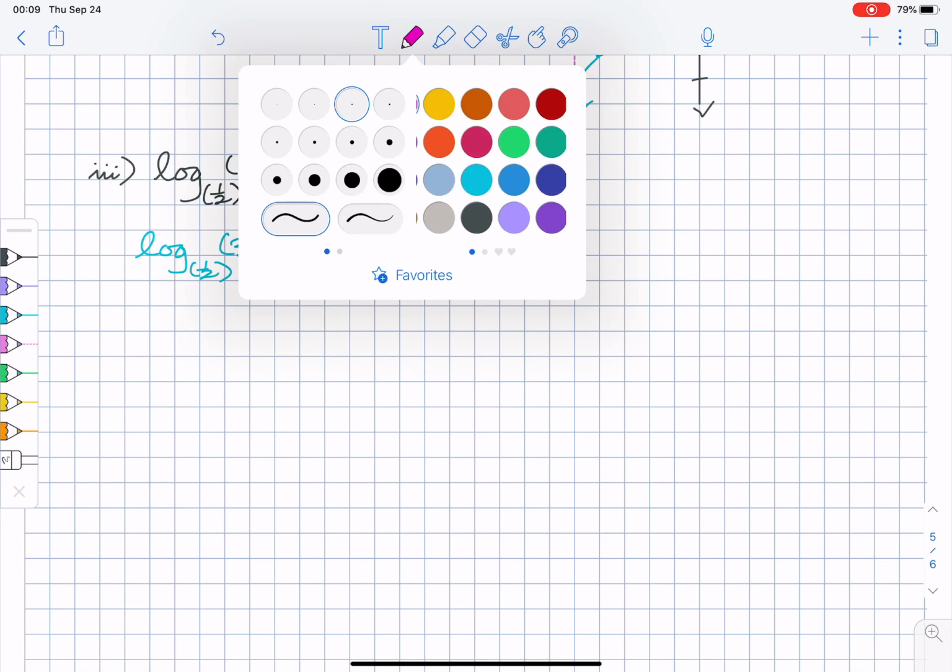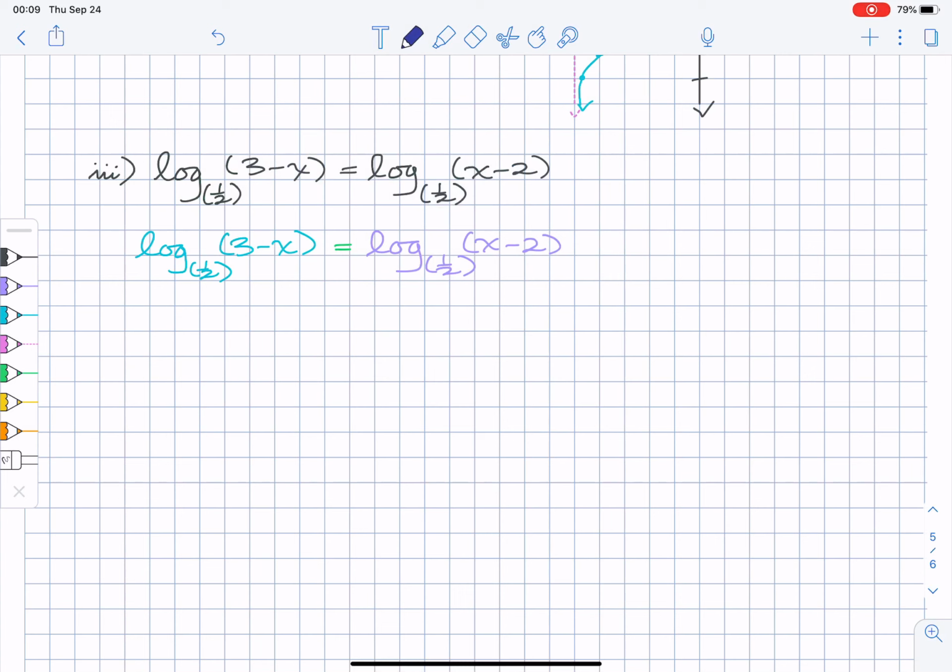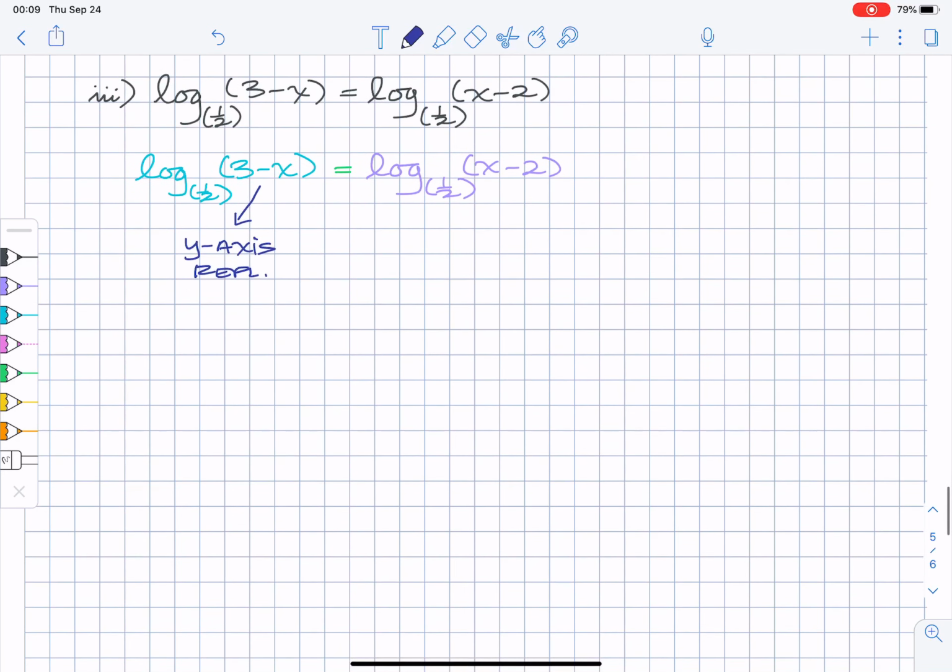So the negative x is a y-axis reflection. And if I have that, I claim that this will be minus of x minus 3.